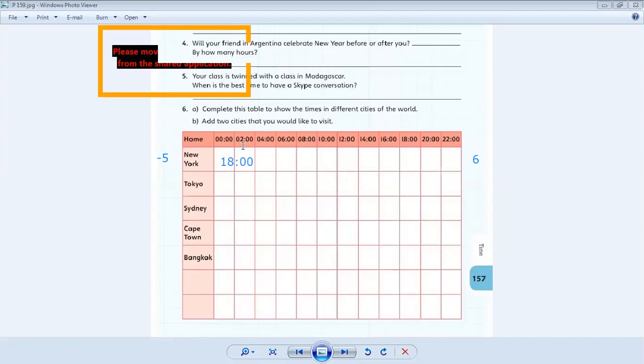It's 8. What is the time? 8 p.m. The time is 20:00. Yes, 8 p.m.